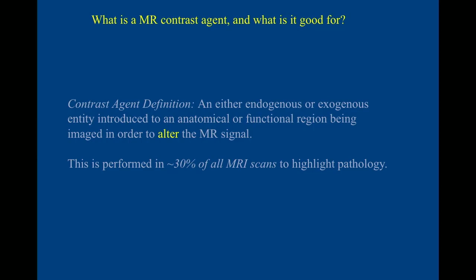Oftentimes, we need to administer some sort of exogenous entity to alter the MRI signal and highlight an anatomical or functional region better. Of course, this is performed in about 30% of all MRI scans to highlight pathology, particularly for brain tumors and also breast tumors and multiple sclerosis studies.